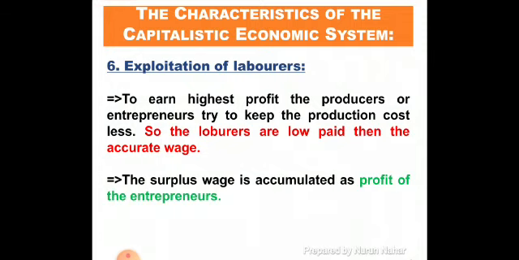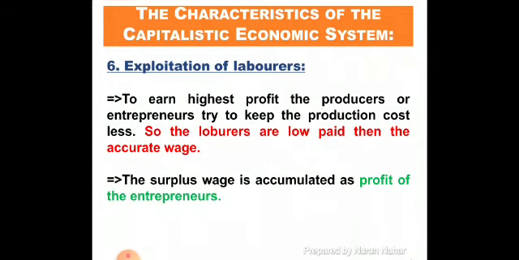Characteristic number 6 is exploitation of laborers. Exploitation of laborers of a country can exist when the laborers get less wage than the just one. In this sort of capitalistic economic system, laborers can be exploited because to earn the highest profit, the producers or the entrepreneurs try to keep the production cost low by giving less salary or wage to the laborers.